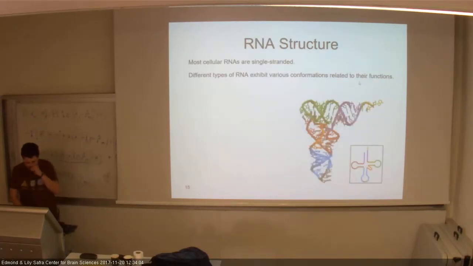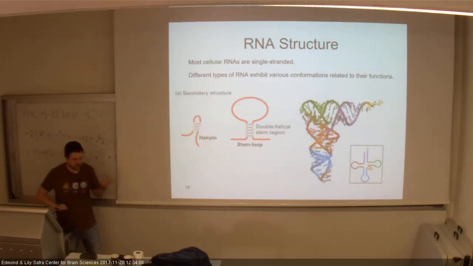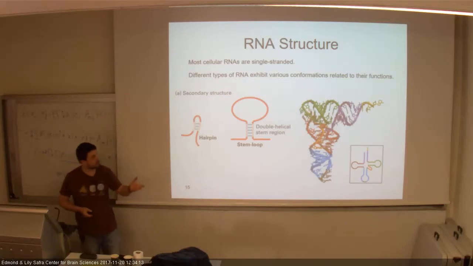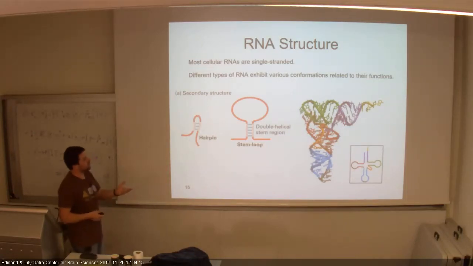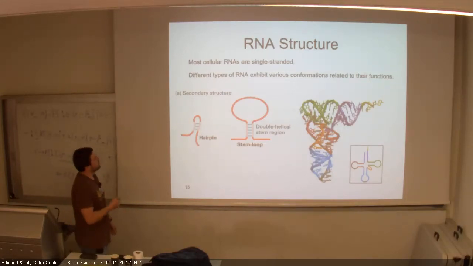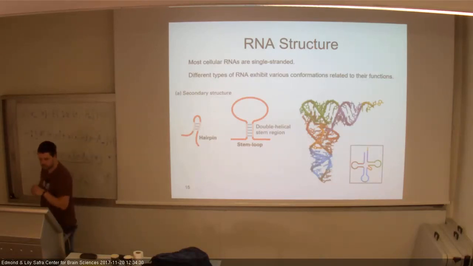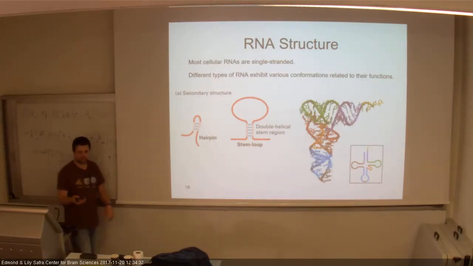Okay, so the structure of RNA. Most of the cellular RNA, now we moved on from the level of the mRNA, we moved on to describe other types of RNA. Specifically, the structure of RNA is always single-stranded. In most of the cellular RNAs that we find, it's not double-stranded. And it also assumes, very similar to what we saw in proteins, secondary structure and also tertiary structure.